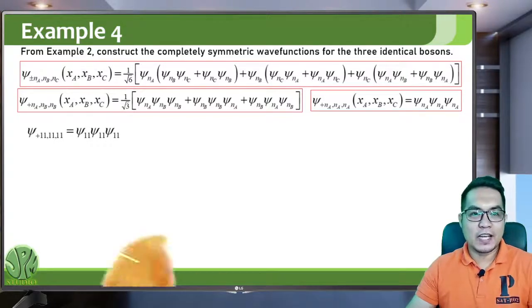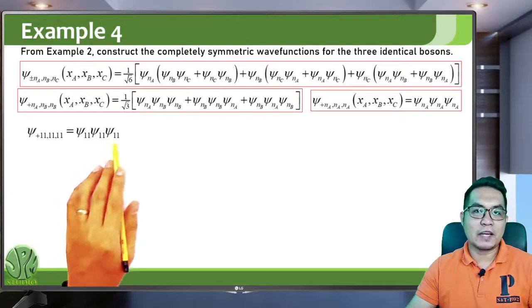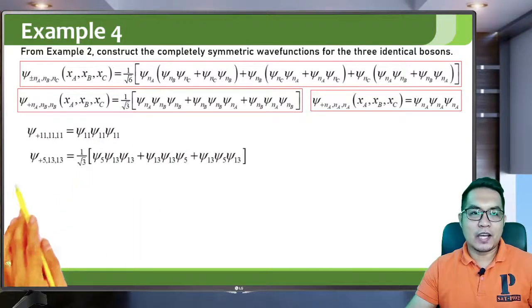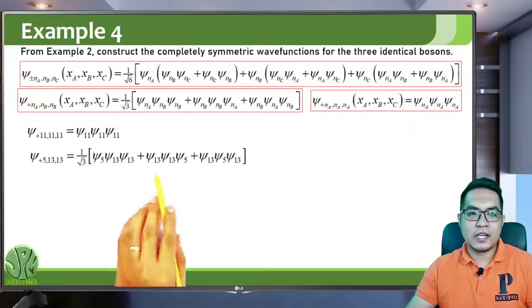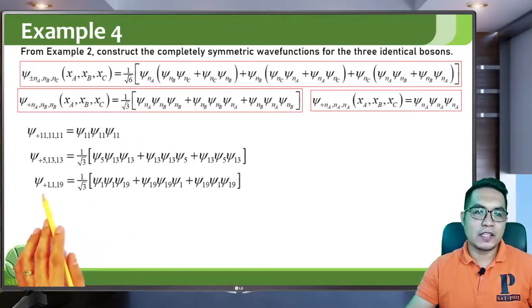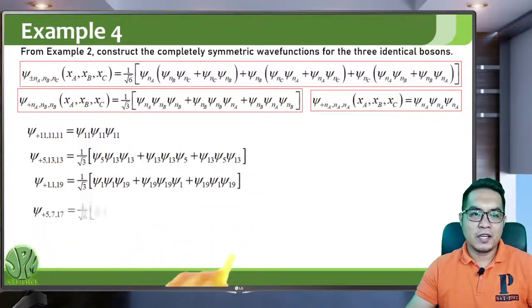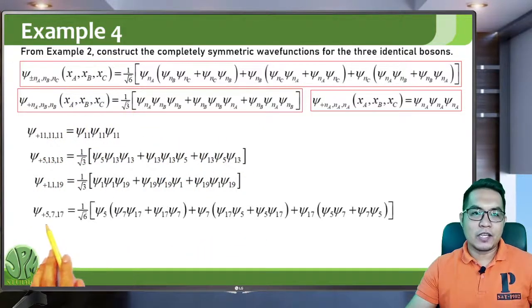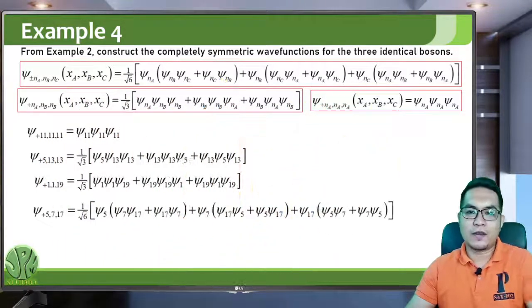So for the state psi plus 11, 11, 11, you just have psi 11 times psi 11 times psi 11. For the state psi plus 5, 13, 13, you use the second formula. The same also with the state psi plus 1, 1, 19, you use the second formula. And for the state psi plus 5, 7, 17, you use the first formula, the longest one.